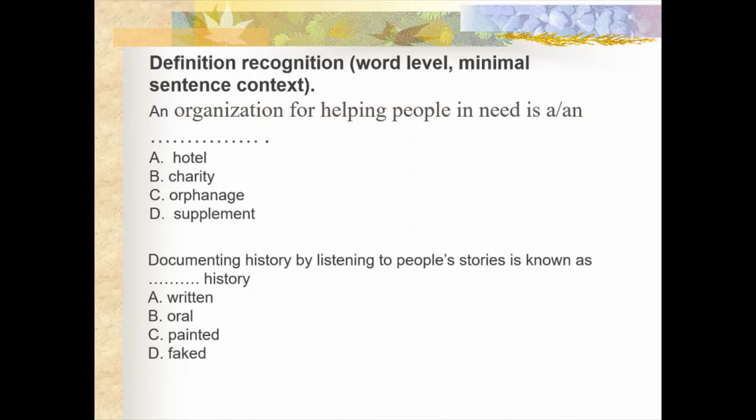The second example: documenting history by listening to people's stories is known as oral history, of course, and here the teacher provides the students with a definition for the word oral history, and they have to identify the right word.